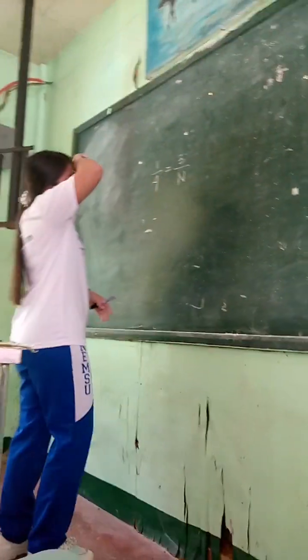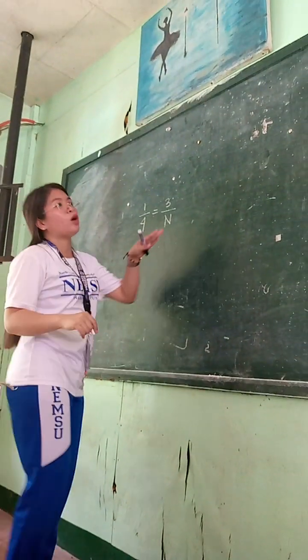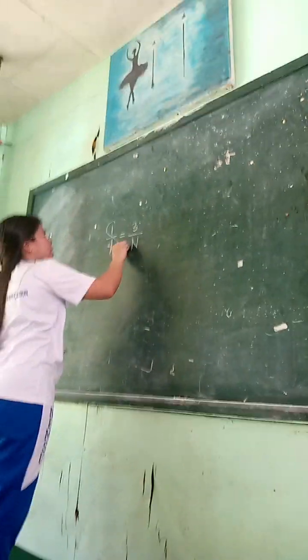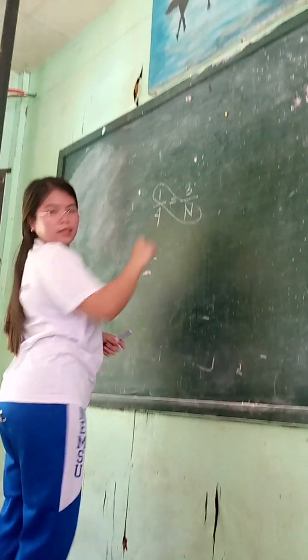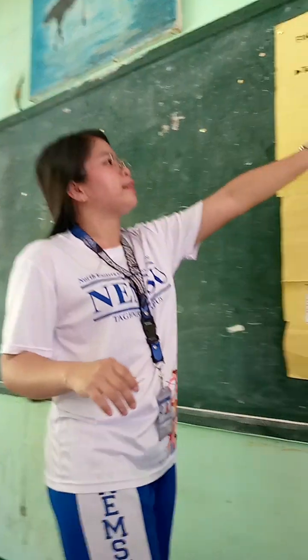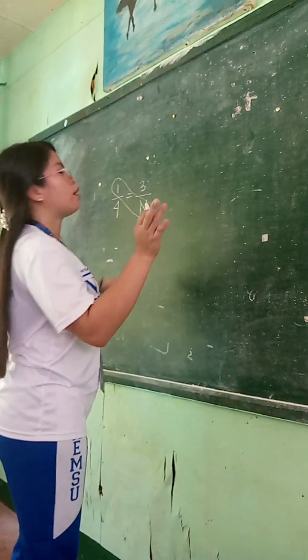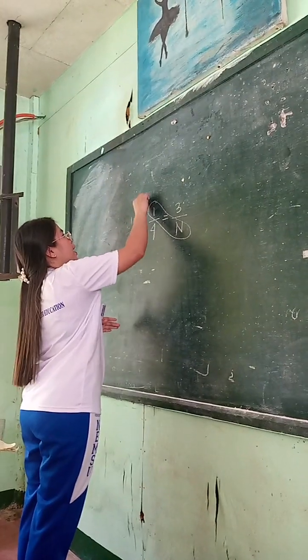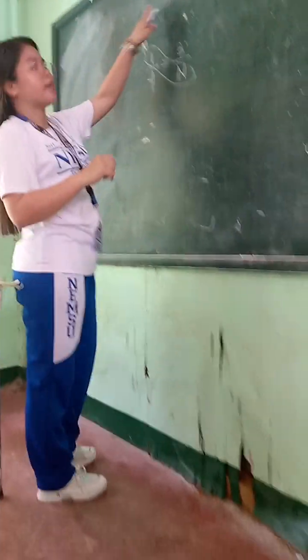So, to find the n, we're going to cross multiply. Write the equation, then solve the missing number. So, we have here 1n or n lang. N.